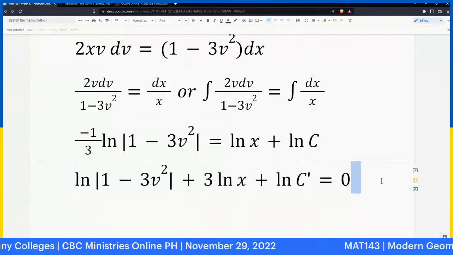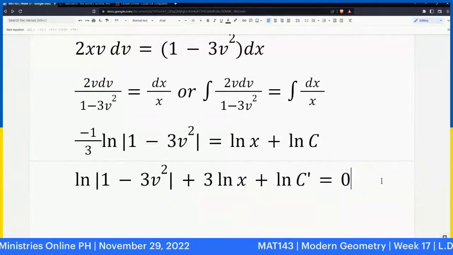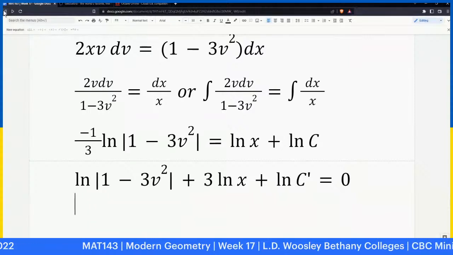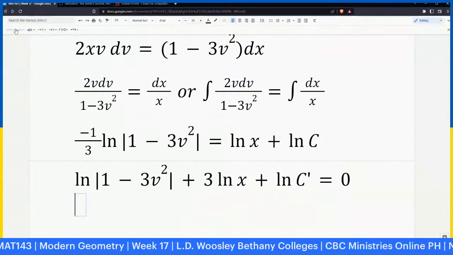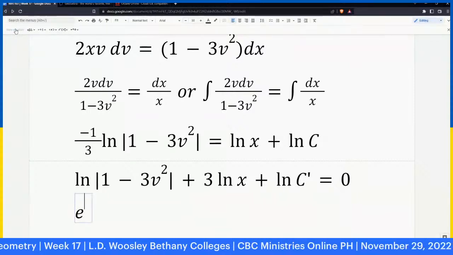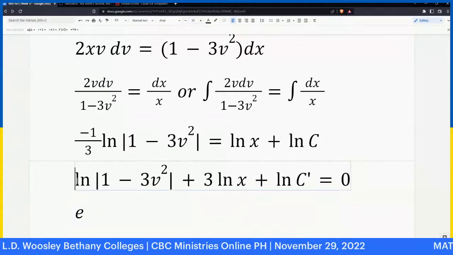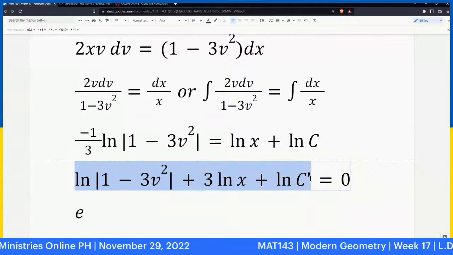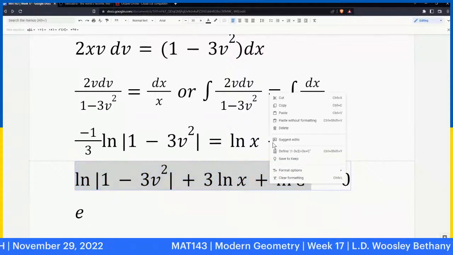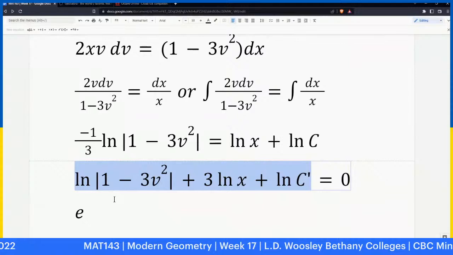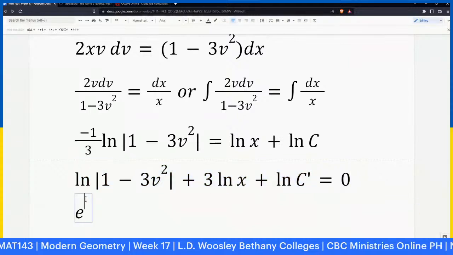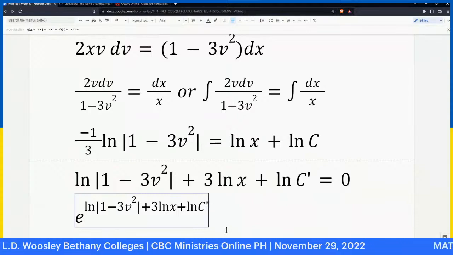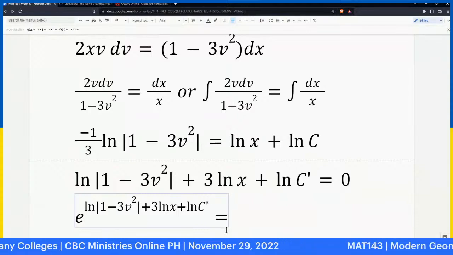So paano natin i-erase sa E yan? Kasi puro ln to, pwede na natin i-erase sa E. Yan. So naka-erase na siya. So lahat ng ito, ma-erase natin sa E. Right? So from that case, is equal to E raised to 0.